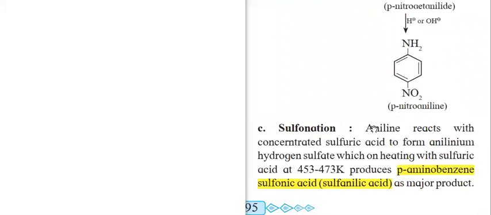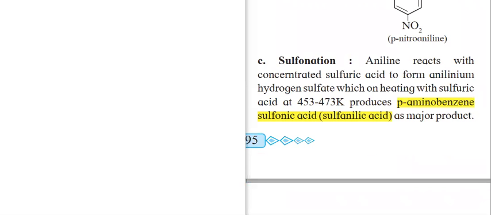Very simple reaction. The next, sulfonation. Can somebody tell me sulfonation? Yes, of course, there is an attachment of a sulfonyl group. See, aniline reacts with concentrated sulfuric acid, which is the reagent for sulfonation, and it gives anilinium hydrogen sulfate, which on heating with sulfuric acid produces para amino benzene sulfonic acid, and the common name of this compound is sulfanilic acid.